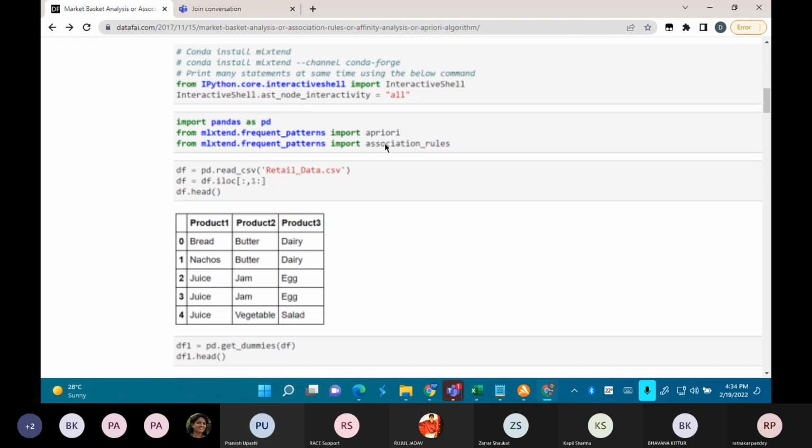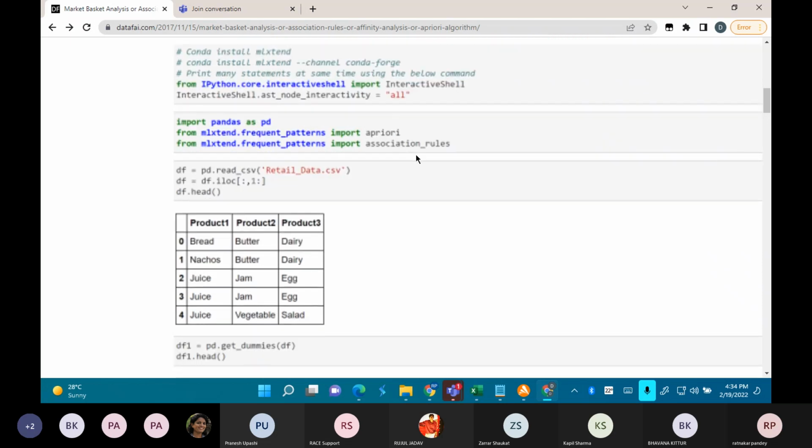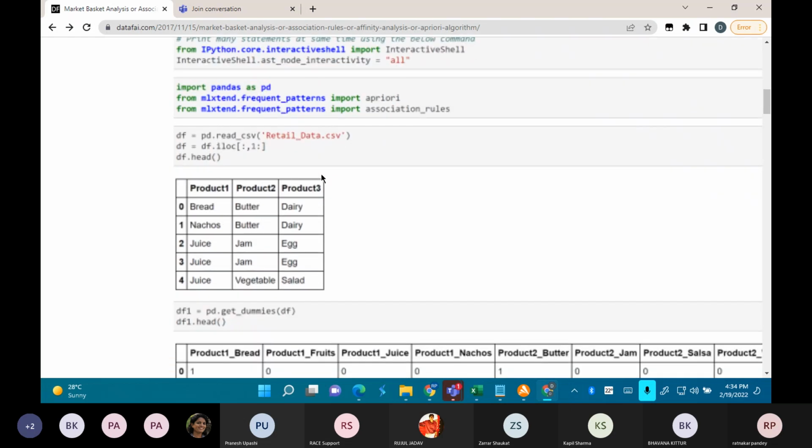And then we are importing association_rules. So just understand the code first and then you will do it on your own. I'll run the code myself as well if you want me to. Then we're going to import this file, which is retail_data.csv, the file that I've shared with you.